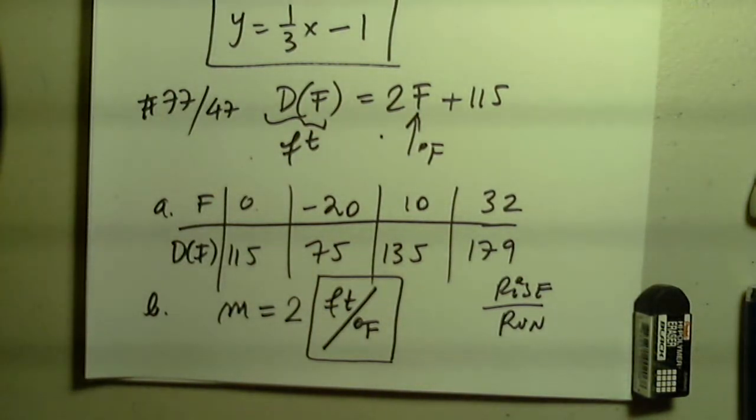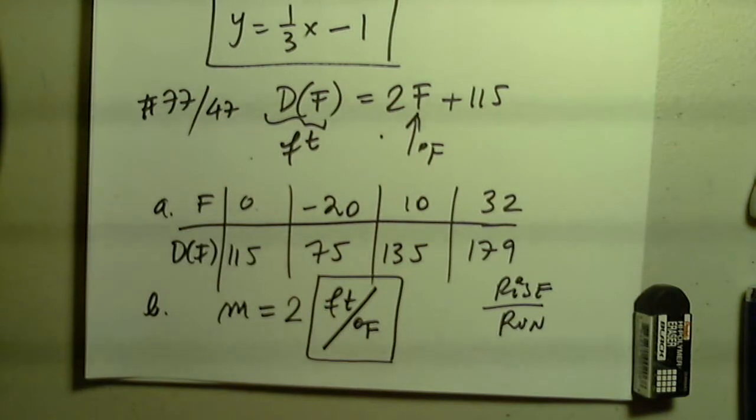Explain why the domain should be restricted to the interval negative 57.5 to 32. Let's simply plug in negative 57.5 and see what happens. It's probably 0. The distance cannot be smaller than 0. I can plug in negative 57.5, or I can simply graph it.